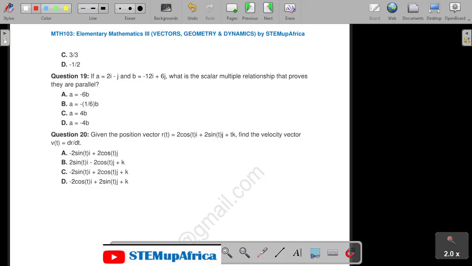So how do we determine a parallel vector? Remember we said for vectors to be perpendicular, their dot product must be 0. But when it comes to parallel vectors, what do we have?